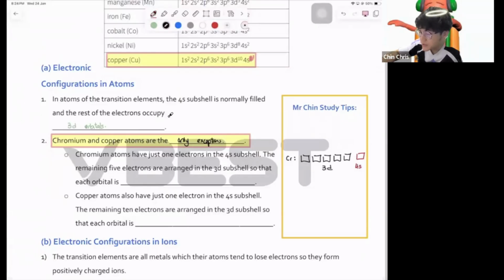If it were 4s2 and 3d4, you would have an empty d orbital, and you don't want that. So chromium will fill all its orbitals with 1 electron each. Then any other electrons that come in can be accepted easily. So the remaining 5 electrons are arranged in the 3d subshell, each orbital occupied by 1 electron.